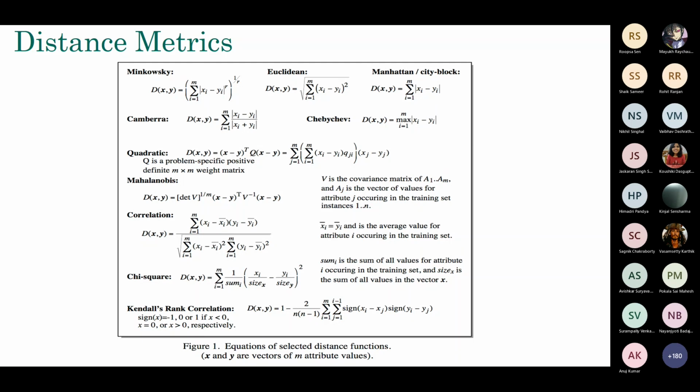Mahalanobis distance is another interesting distance measure, but it's computationally complex because for this you need to compute V and V inverse, which is basically the covariance matrix of all these column vectors. Then you already know the correlation coefficient, the chi-square, the Kendall rank correlation, and so on. So these are a whole list of distance metrics that you can use.